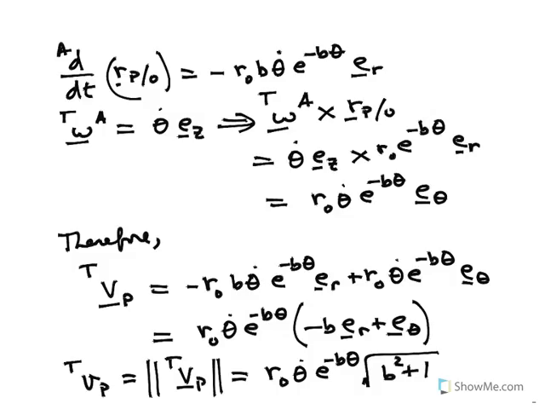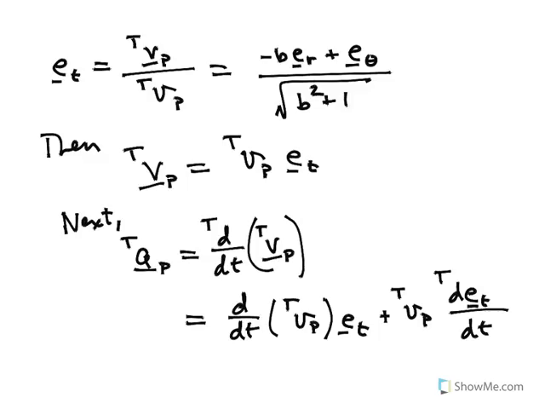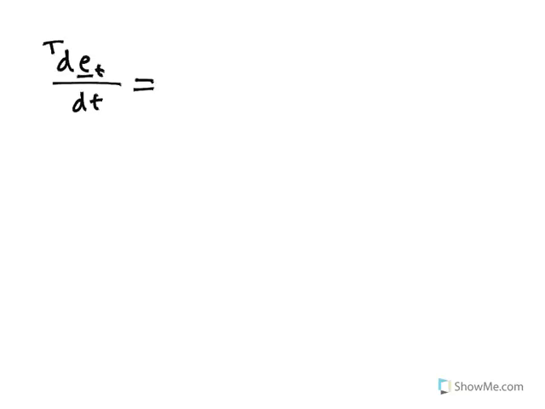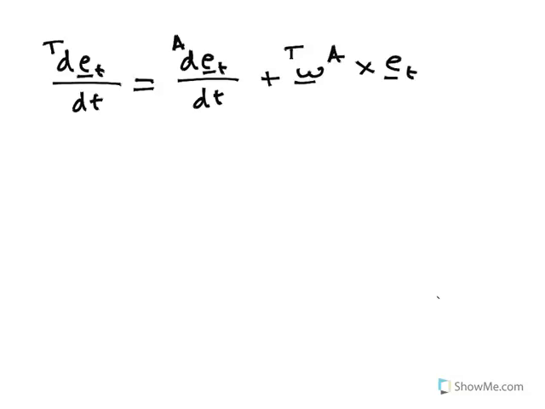So here's what we're going to do. The rate of change of the tangent vector in the track: let's look at it. The tangent vector is equal to minus B ER plus E theta, all divided by the square root of B squared plus 1. So this is expressed in the basis ER, E theta, EZ, which is fixed in A. So this is equal to dEt/dt in A plus omega AT crossed with E sub t.